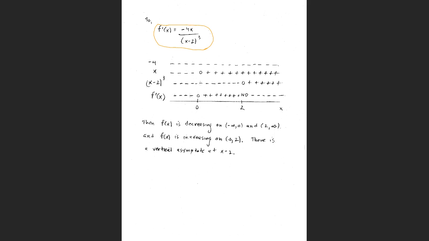Well, clearly it equals 0 when x is 0. So when I make the x-axis here, I'm definitely going to include 0. 0 is one of my interesting values. Another interesting value is x equals 2, because that's going to make the denominator 0.